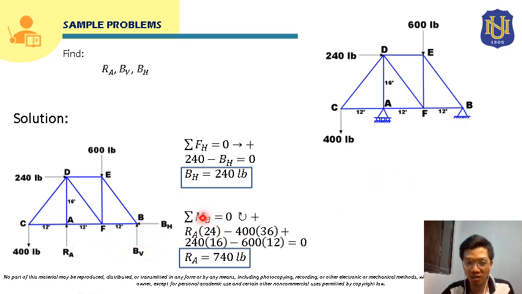Since we already solved for the moment at B, we can actually solve for the moment at A. If we take moment at A, RA will be cancelled and BH will also be cancelled since it passes through point A, and the only unknown will be BV, and from that we can solve for BV. But here we are going to use summation of forces vertical. Again, it depends on you.